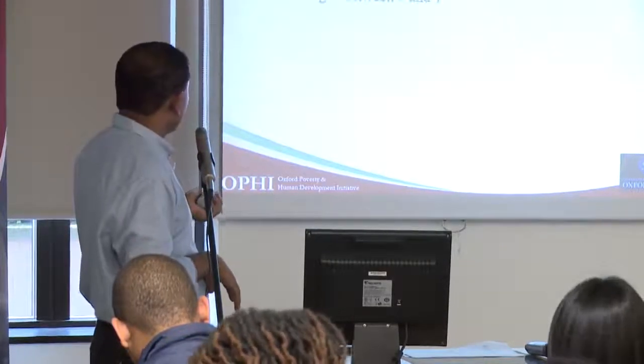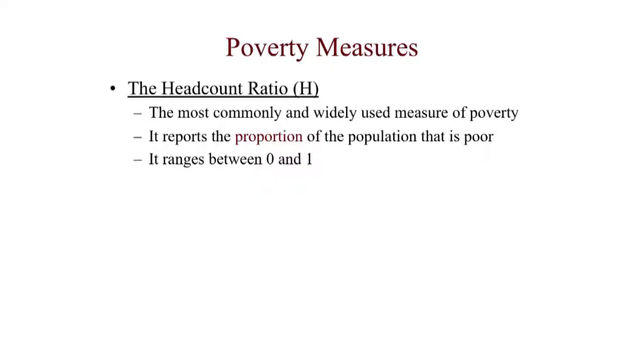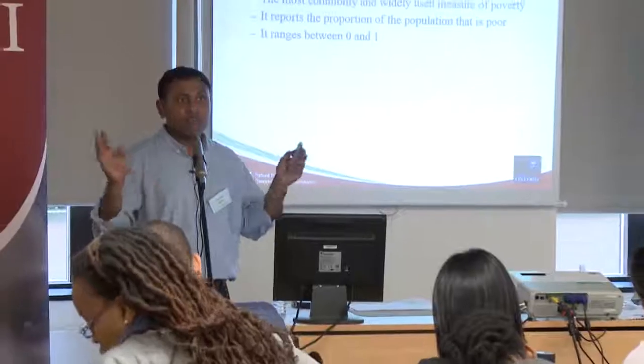Okay. Now I move to poverty measures, the poverty measures that are often used, what are the policy implications of these different poverty measures, and what kind of policy incentives these measures provide to policymakers. This is the most commonly used poverty measure, right? And almost everybody knows and has used at some point the head count ratio.